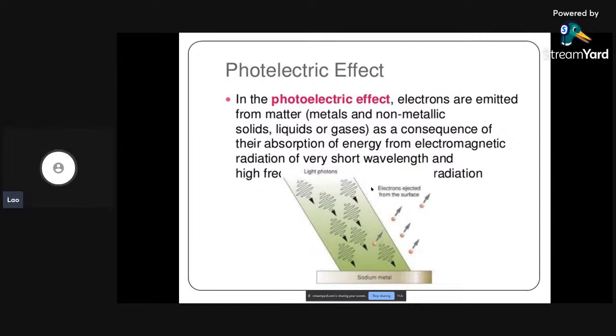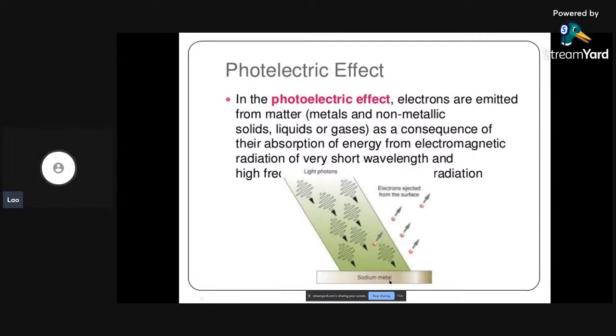So when we say photoelectric effect, ito yung mga electric charge particles na kung saan is nagre-release from a photosurface, or yung tinatawag natin na metal, or within a metal when it absorbs electromagnetic radiation. So nagkakaroon ng ejection of electrons from a metal plate when light falls on it.